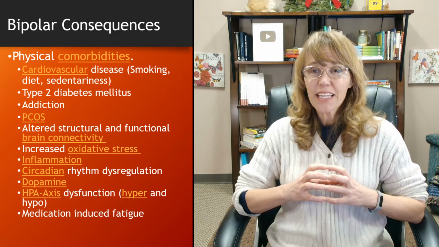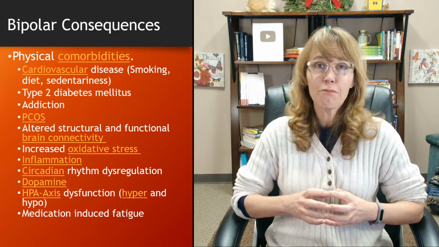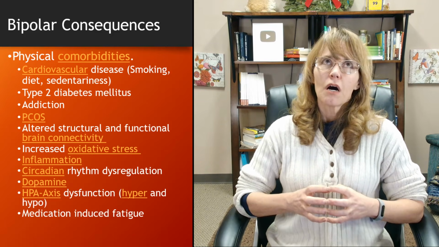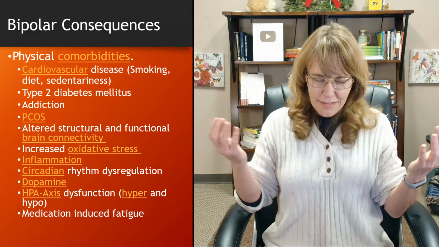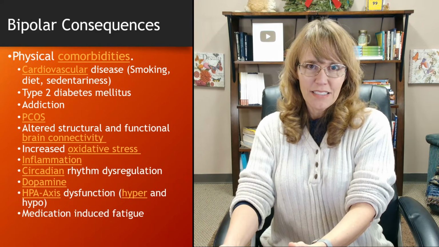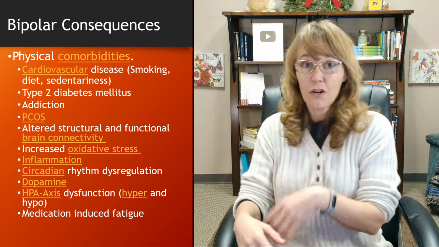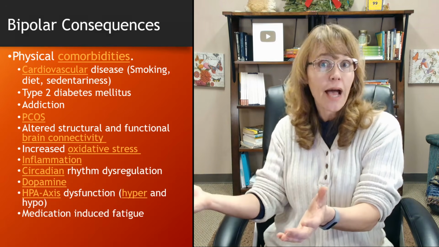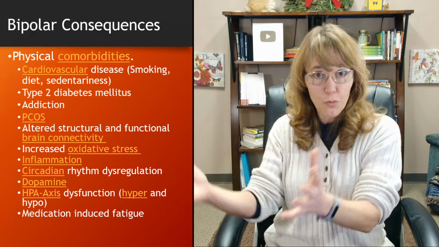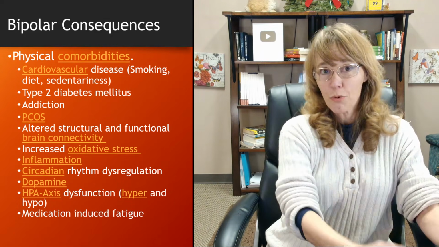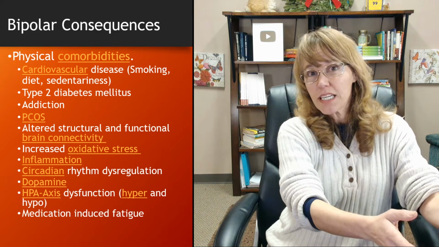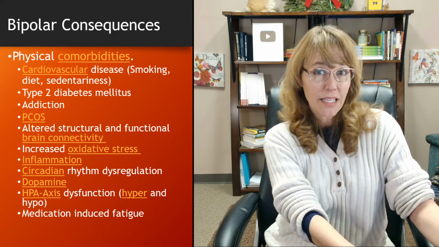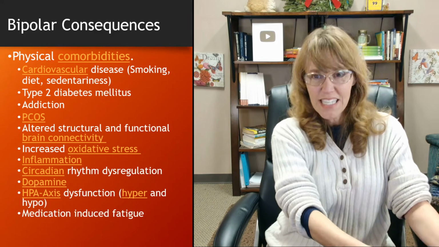Circadian rhythm dysregulation is also common in bipolar disorder. Well, let's think about it. People with mania don't need sleep. So when they're in a manic episode, they're certainly not going to bed at 9 and getting up at 5 or whatever. People with depression have difficulty getting quality sleep and often have difficulty staying asleep.